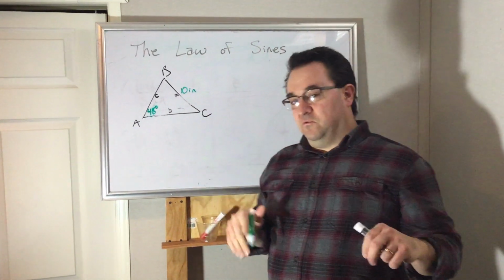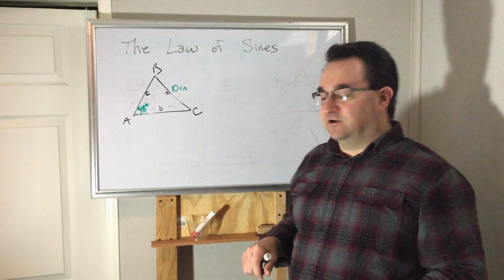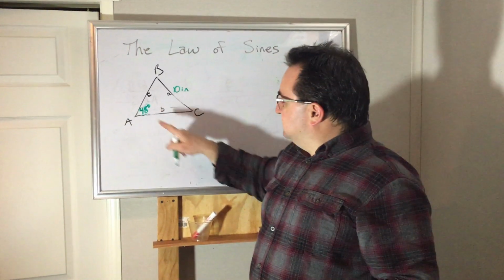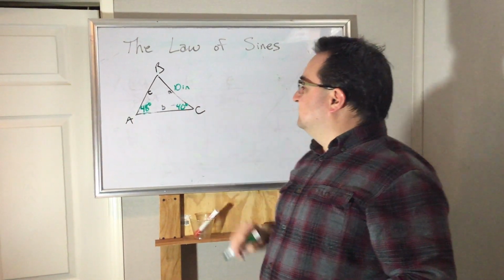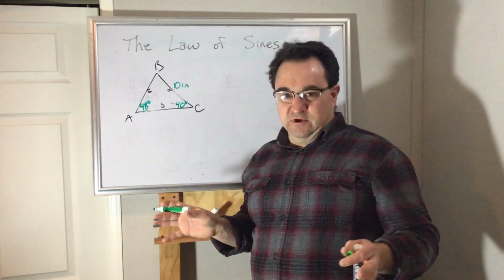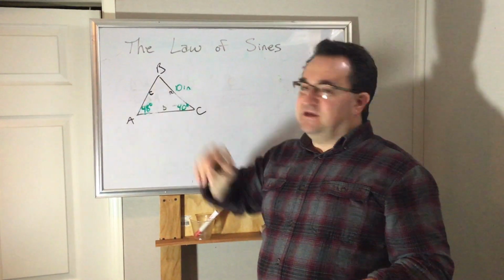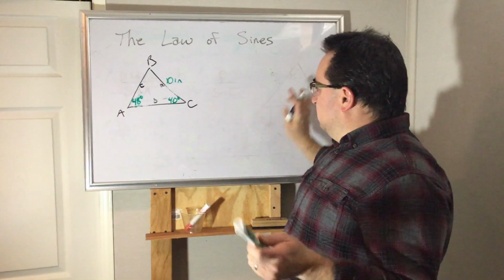All right, now for part 1, we're going to do it where we're solving for a side. I'll talk more about this later. So that means I have to give you another one of these angles. So let's say I give you angle C, and let's say that that is 40 degrees. And at first, we'll just worry about finding one unknown. So our job is to find side C using the law of sines. So when you're doing this, you don't remember letters.